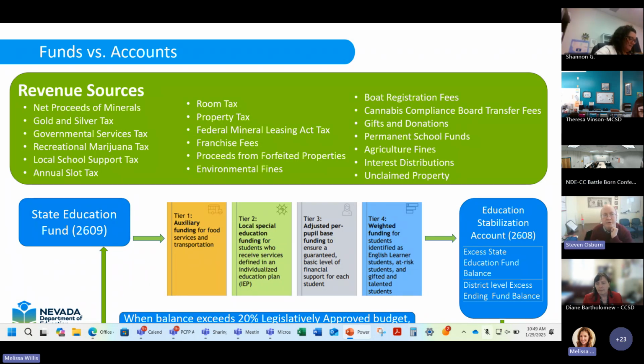Okay, and then one other question, over to the weighted funds. So the weighted fund, when you look at the NRS and there's the various weights, 0.45 and 0.12, et cetera, that is the calculation at your level, at the NDE level, that ratio is applied against the state base funding amount.